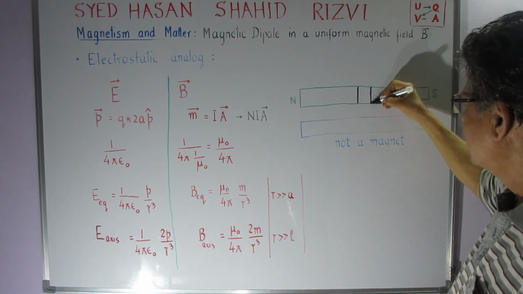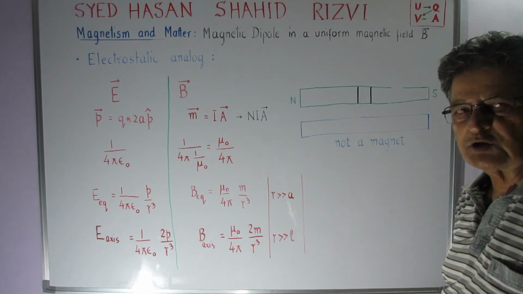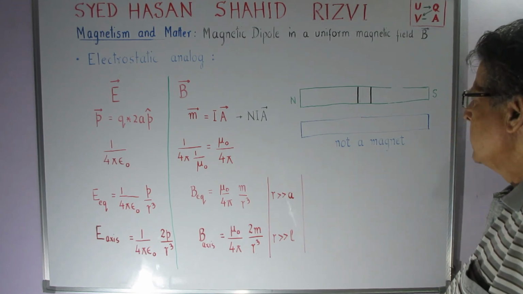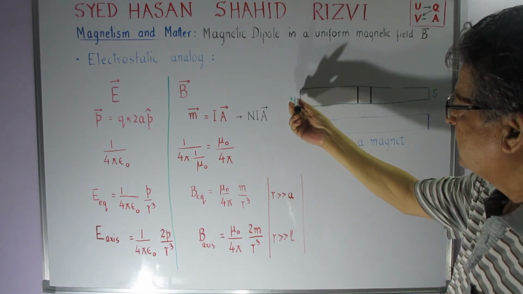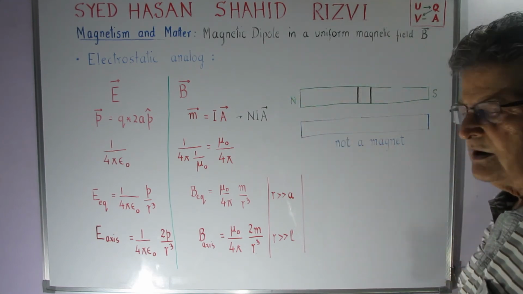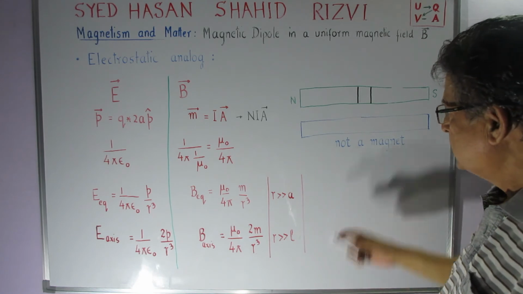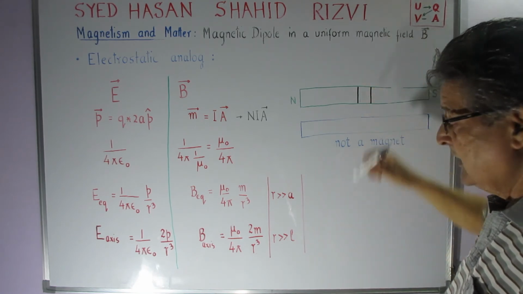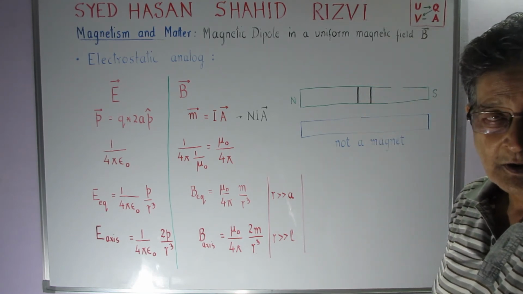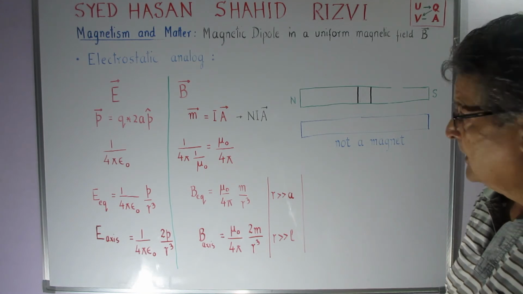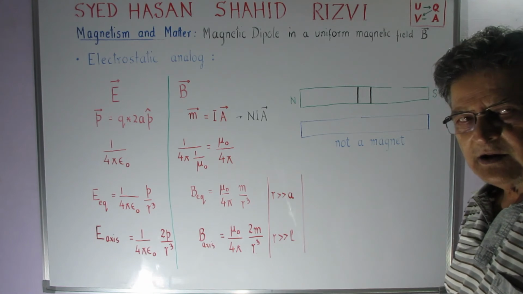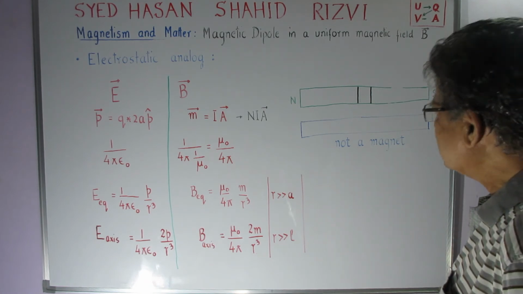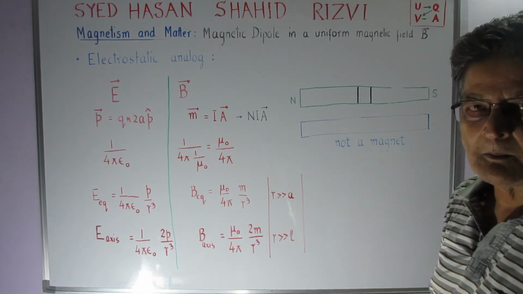Now an interesting situation arises. The strength of the magnetic field here is quite large, but just in the middle it is very poor. Not zero, but very poor. That means if this end or this end is brought over here, then the attraction will be very feeble.